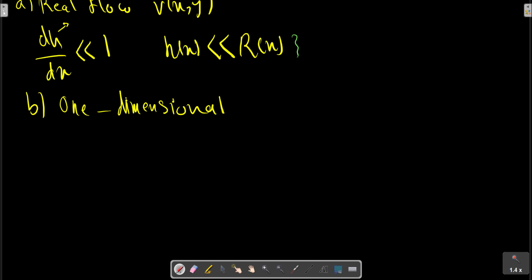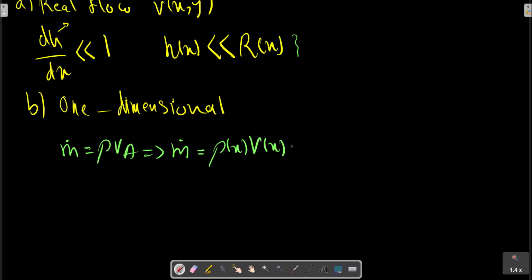For a steady one-dimensional flow, we know that for the equation of continuity, m dot equals rho V A, and m dot is constant.